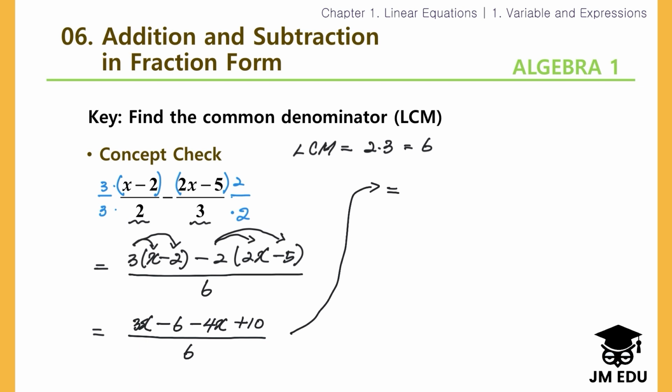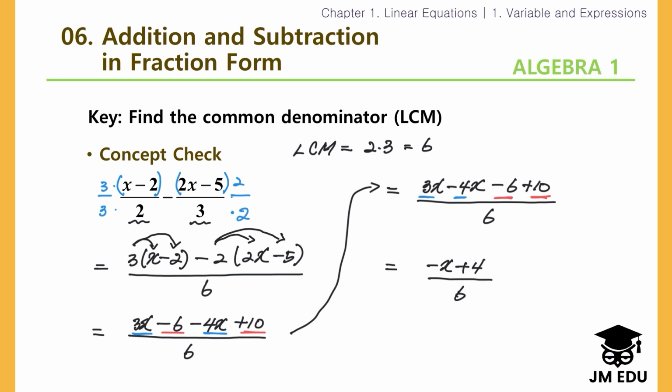We have 2 x terms and 2 constants, right? So 3x minus 4x minus 6 plus 10 over 6, right? So that is equal to, here 3 minus 4, that's going to be minus 1. So minus x, minus 6 plus 10, that's plus 4, right?